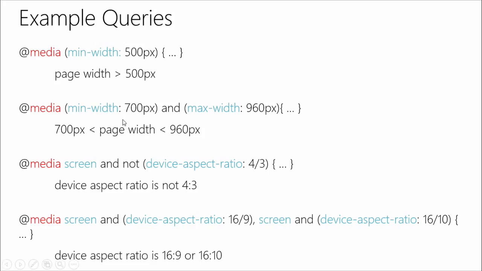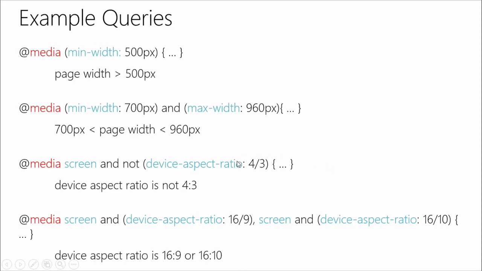And you'll notice that I don't have a media type on there. If you don't have a media type, that just applies to all media types. Whereas in this third example, I have media screen and not device aspect ratio 4/3. So that says as long as this device is a screen, and the device aspect ratio is not 4:3, so if it's not the old school monitor size, then apply these properties.